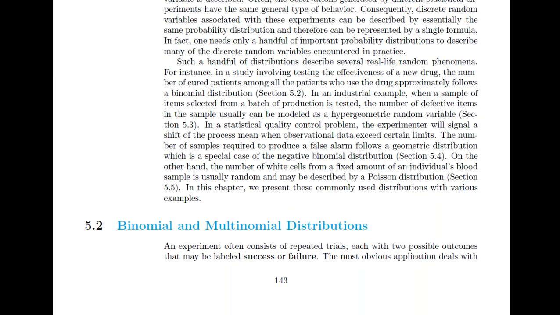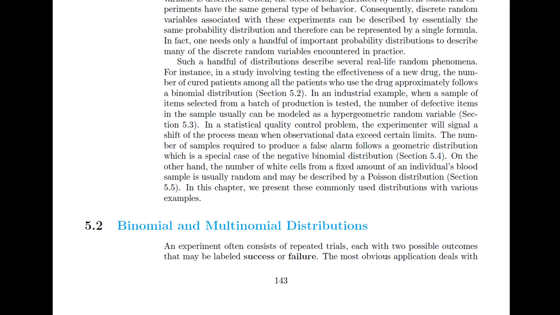For instance, in a study involving testing the effectiveness of a new drug, the number of cured patients among all the patients who use the drug approximately follows a binomial distribution. In an industrial example, when a sample of items selected from a batch of production is tested, the number of defective items in the sample usually can be modeled as a hypergeometric random variable.